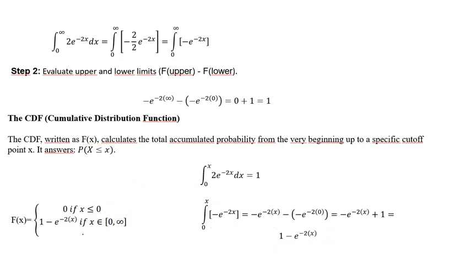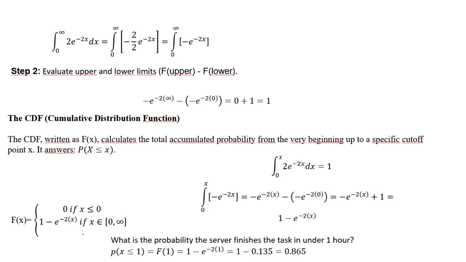Now it's time to find the expected value and the variance, which is the interesting part. Before the expected value, let's answer this question. What is the probability that the server finishes the task in under 1 hour? So we need to find F(1), which means P(X less than 1).